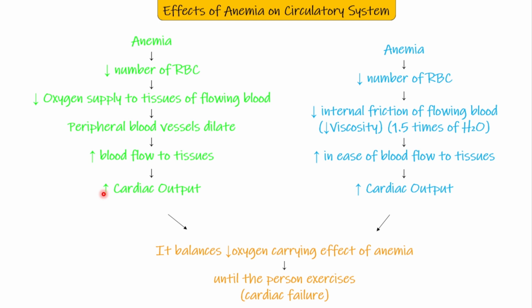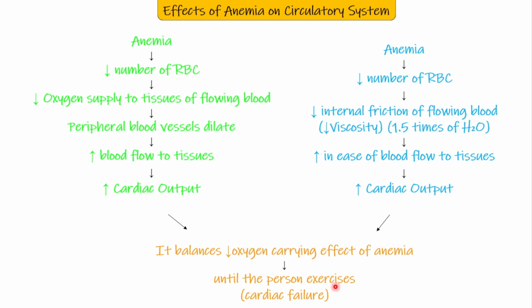So the tissues are having a normal supply of oxygen in anemia, but this is at the expense of the cardiac output. The heart is using its reserve. But the problem is when an anemic person exercises, the cardiac reserve has already been utilized. Now the cardiac output cannot be further increased to such a level to provide the increased demand of oxygen of the exercising muscles.